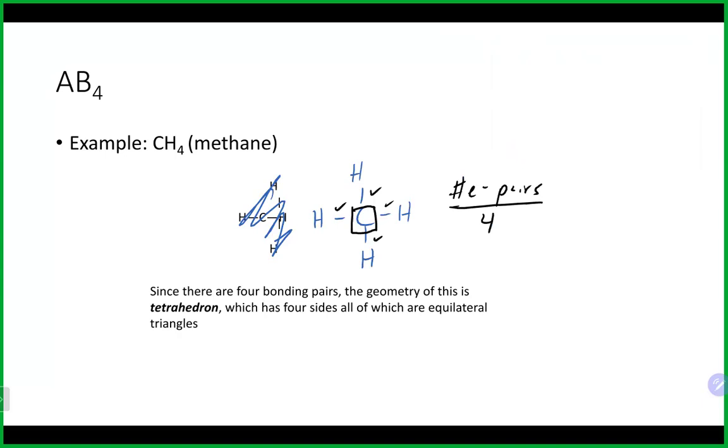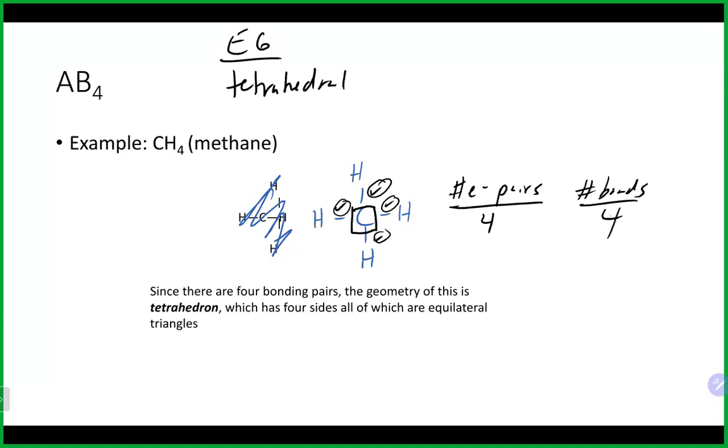Again, when you're counting electron pairs, it doesn't matter if they are dots, lines, whatever it may be, they all count as one. Something with 4 electron pairs will give an electron geometry name of tetrahedral. Now, when we talk about bonds, it has 1 bond, 2 bonds, 3 bonds, and 4 bonds. The number of bonds is going to be 4. So something with 4 bonds, the molecular geometry name is also going to be tetrahedral.